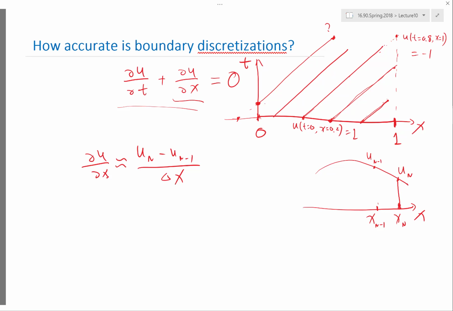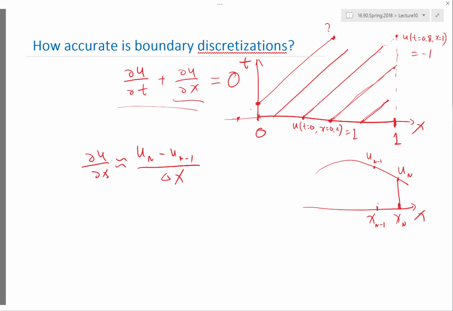In general, if any part of the scheme is first order, unless you do a very careful analysis to show that it doesn't affect the overall order of accuracy, you should assume that the overall error is going to be the worst error you incur at any point in your scheme.